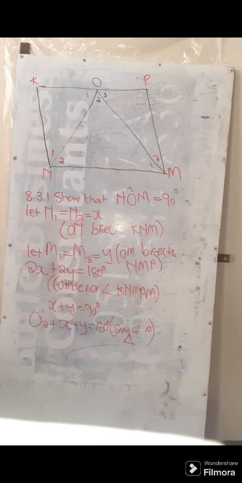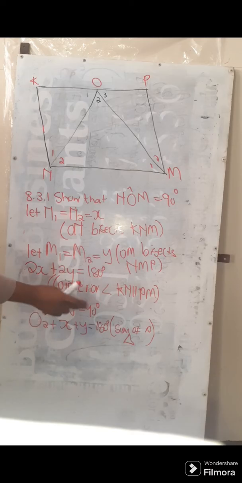So we are going to write O2, and then we have 90. Here is 180, right? 2x, again, x plus y equals 90. Another x plus y equals 90.